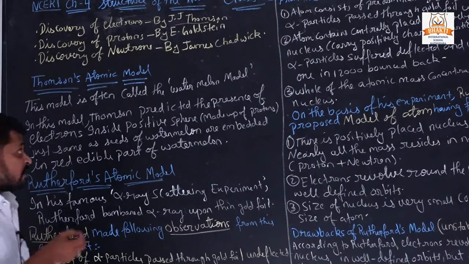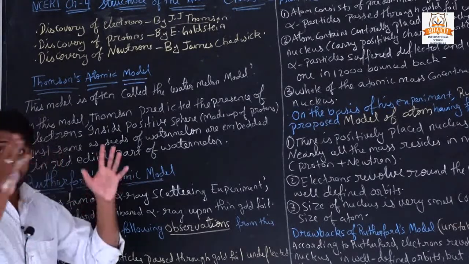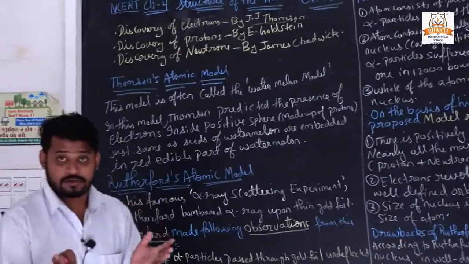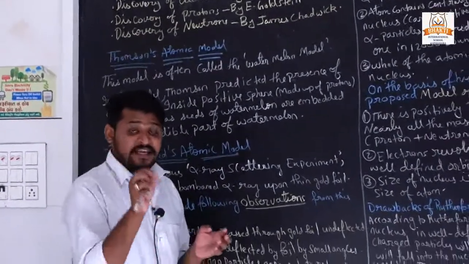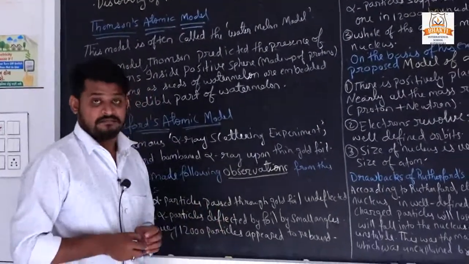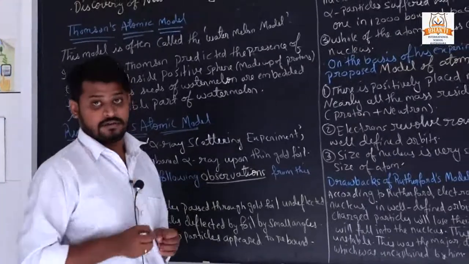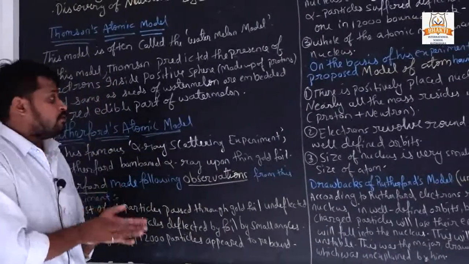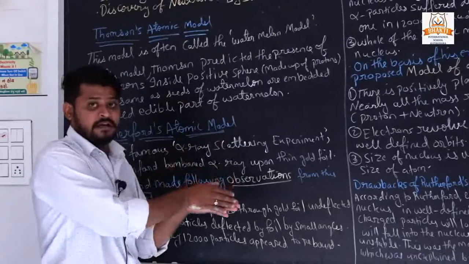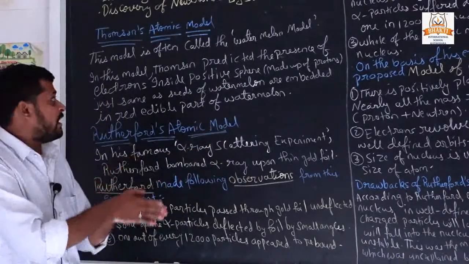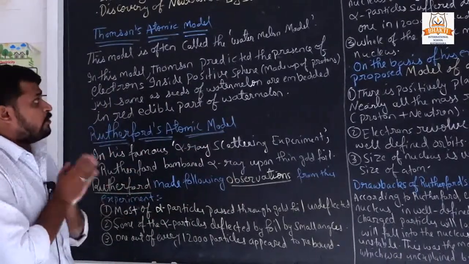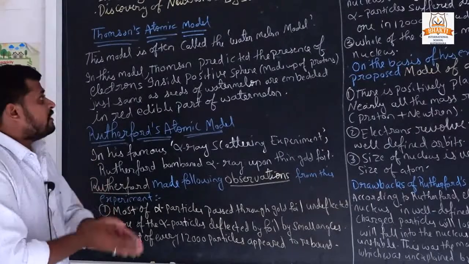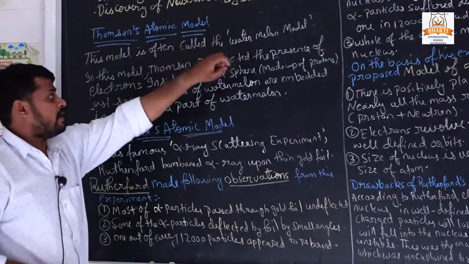So Thomson said that the red portion of the watermelon is the proton, and the seeds embedded in the watermelon are the electrons. Like this, by giving the example of the watermelon, Thomson tried to explain the atomic model. That's why another name was the watermelon model.